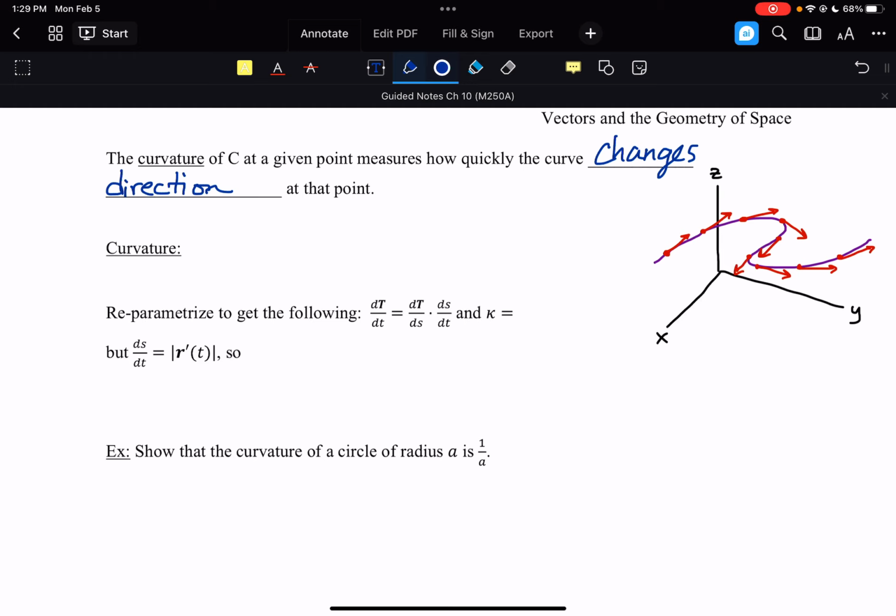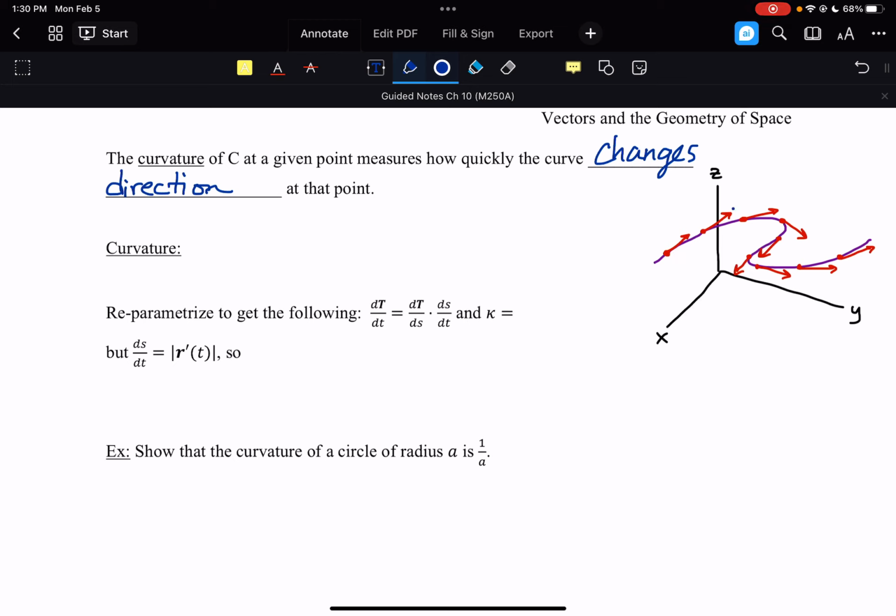So curvature tells us how quickly the curve changes direction at that point. You can see I have a little diagram over here on the side. Notice the tangent vectors that I've drawn at each one of these points. We're not looking at the vectors themselves. We're looking at how much the graph is changing or turning at any given time.